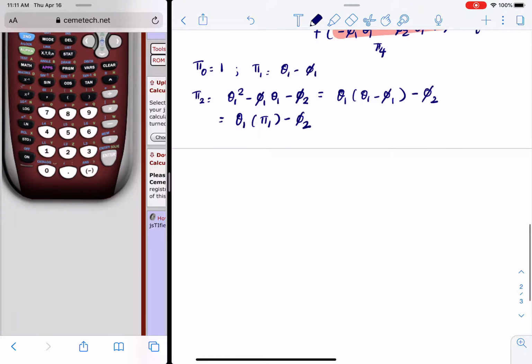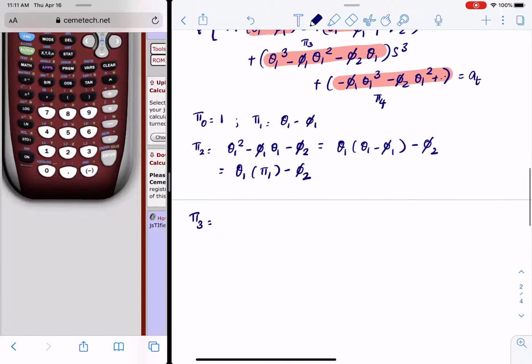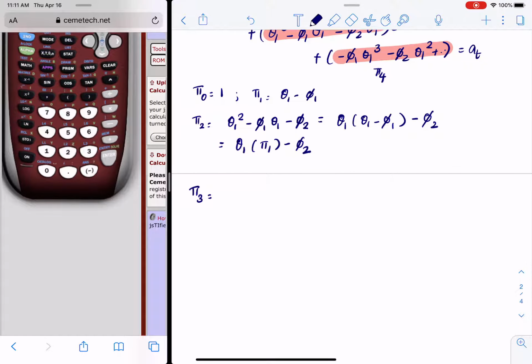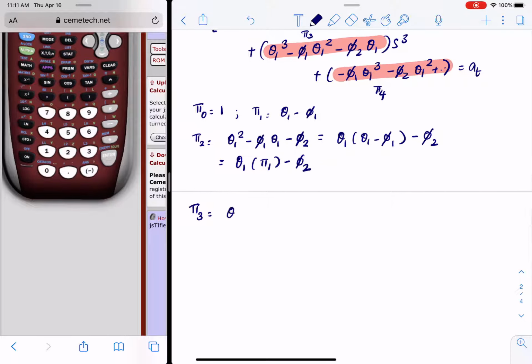And moving on to the next term, pi 3, I would have theta 1 cubed minus phi 1 theta 1 squared minus phi 2 theta 1.